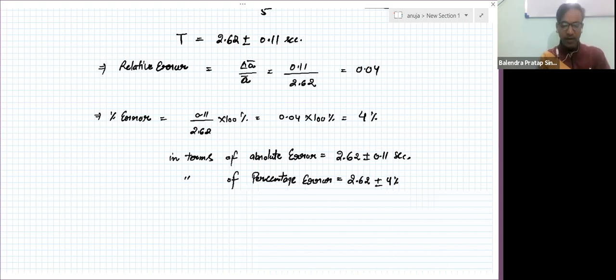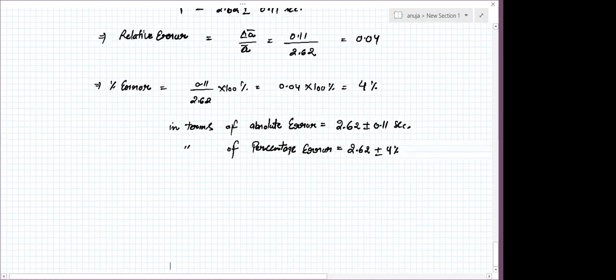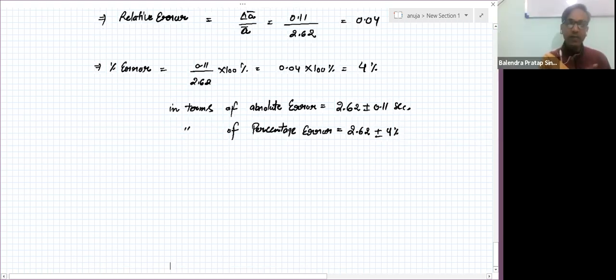Now in the next part of error analysis, combination of errors. Up to now, I've discussed what is basically error, some introduction about errors, what kind of errors, and after that, the main part of this analysis, on which a lot of questions can be asked in your schools: how to find absolute value, absolute error, relative error, and percentage error.